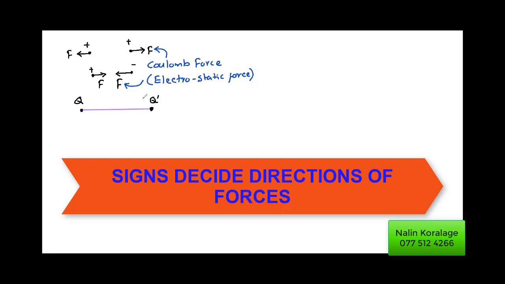That's all. So minus sign, plus sign, not to be taken into account if it is the case with the forces. Why? Because by using plus and minus, we just decide the direction only, not the magnitude. So therefore, we can just drop the sign associated with the charge just after identifying the directions of the forces. For example, let's say plus Q and minus Q dash. So we're going to decide the forces are attractive, so they should be marked towards each other.